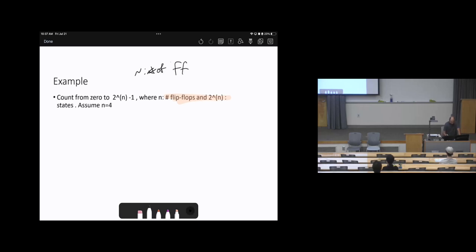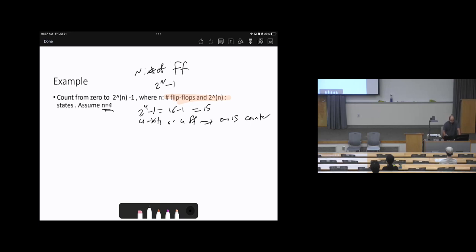Therefore, the range of numbers that we can count is 0 to 2 power n minus 1. Just take this as a rule, as a formula. So let's assume n equal 4. Then 2 power 4 minus 1 is 16 minus 1, then 15. So using 4 bits or 4 flip-flops, we can achieve a 0 to 15 counter.